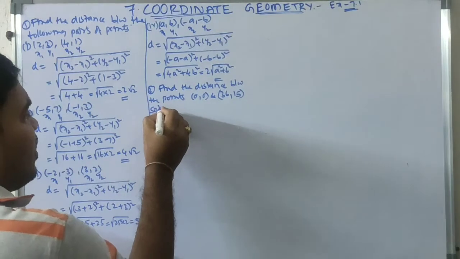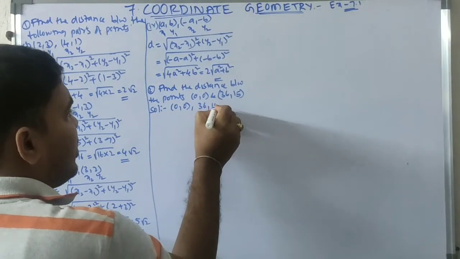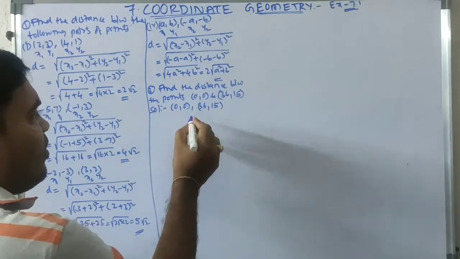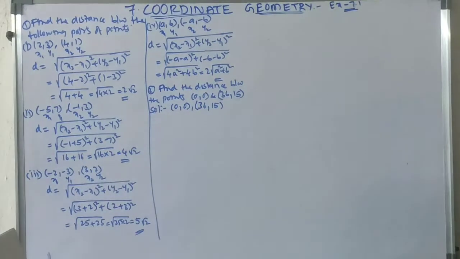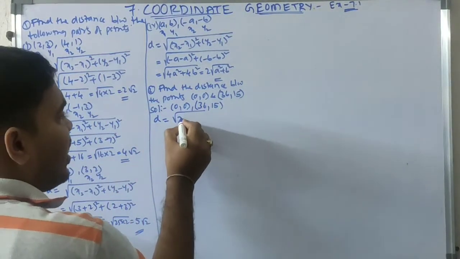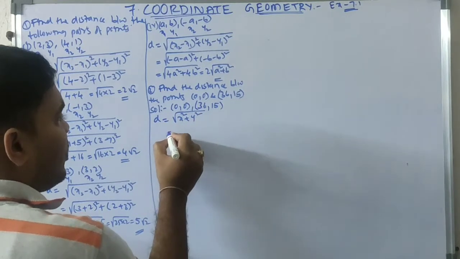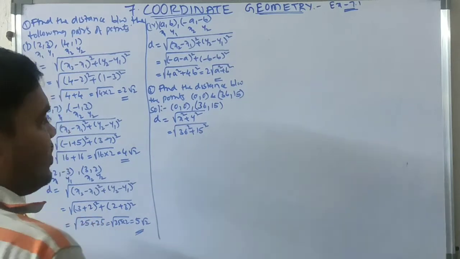Solution: what are the given points? (0, 0) and (36, 15). Directly we have the formula: the distance from origin is under root of x square plus y square. Distance equals root of 36 square plus 15 square.